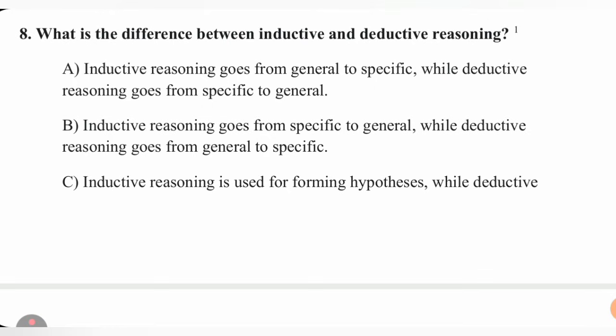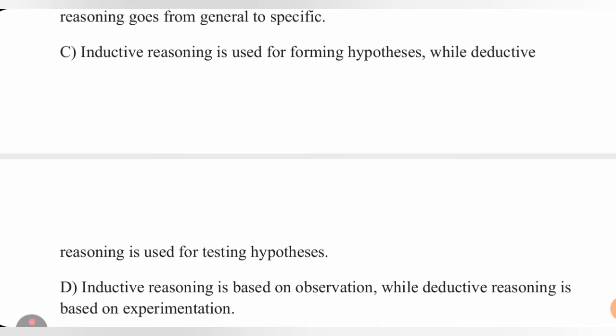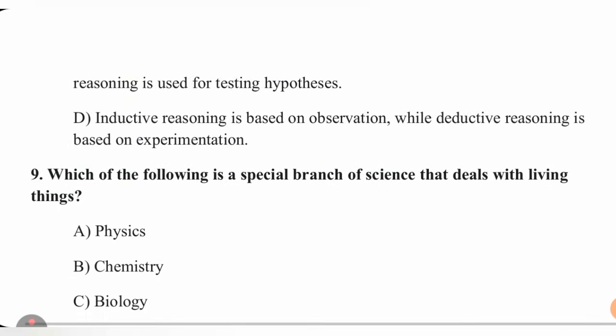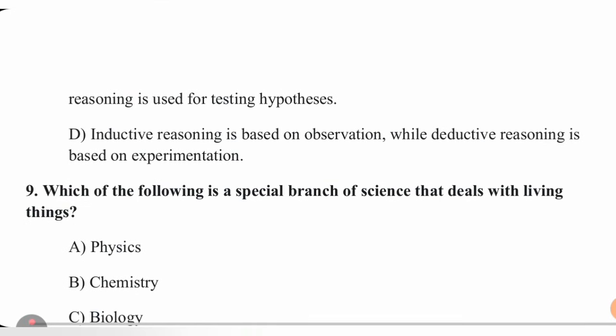B, inductive reasoning goes from specific to general, while deductive reasoning goes from general to specific. C, inductive reasoning is used for forming hypotheses, while deductive reasoning is used for testing hypotheses. D, inductive reasoning is based on observation, while deductive reasoning is based on experimentation.